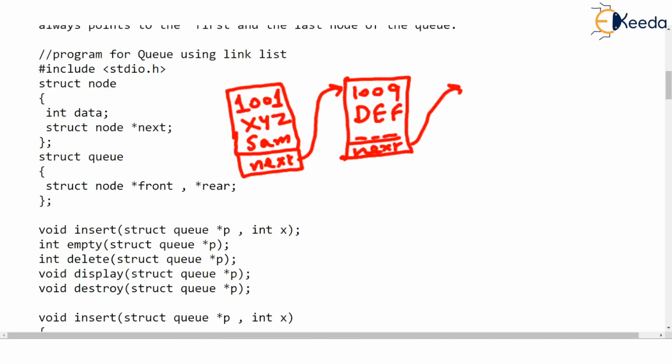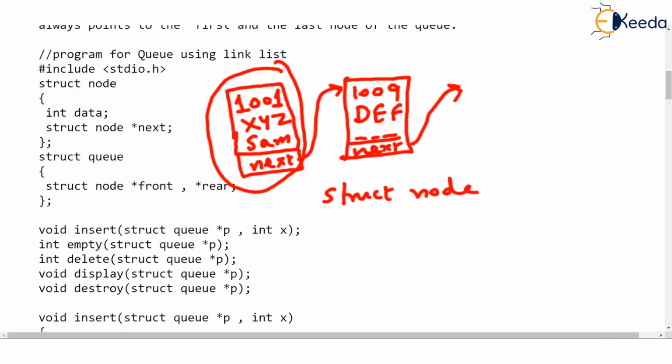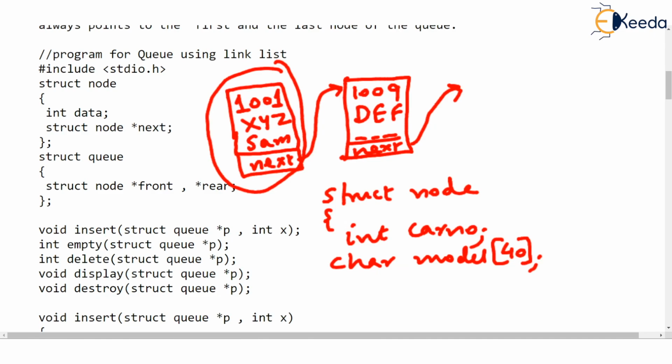So in that case, you will declare this constituent node as struct node, or you can say struct car, and every node has a car number, let's say car NO, and then model. So that will be char model, square bracket, let's say 40. This is a model name. And then owner of the car.